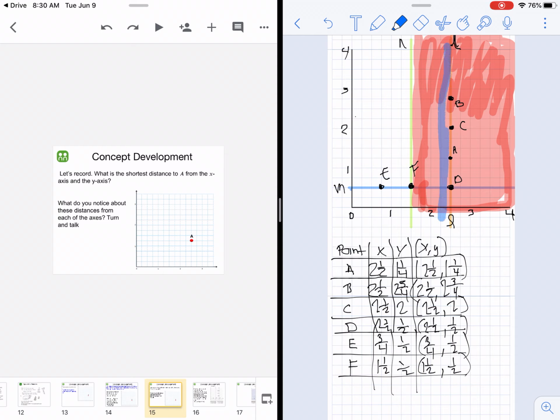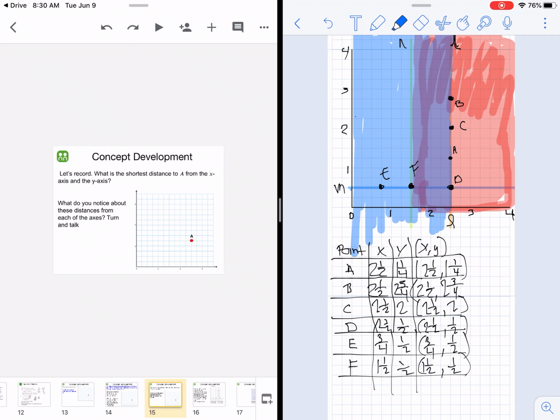So here's our line L. And everything to the left of it gets shaded blue. Everything to the left is blue.